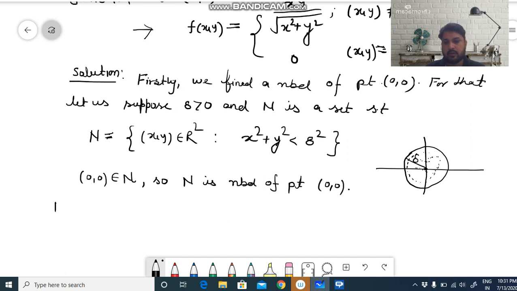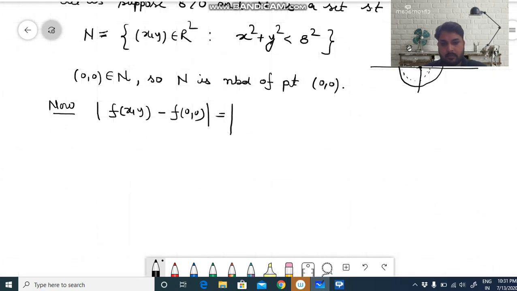Now we find the value of mod of f(x,y) minus f(0,0). We see here the value of f(x,y) is xy upon square root of x square plus y square, and the value of f(0,0) is 0.